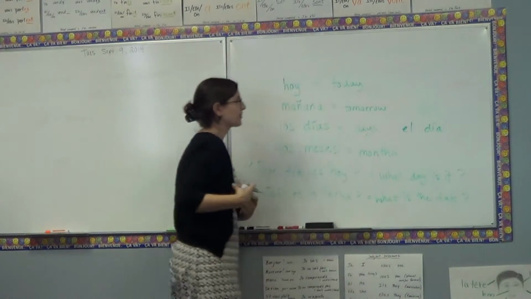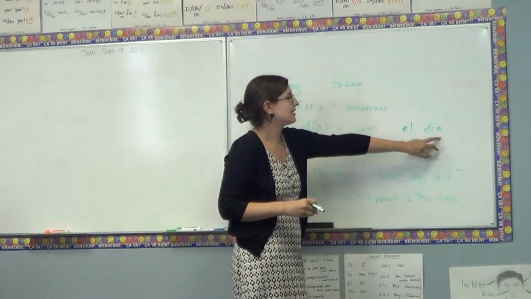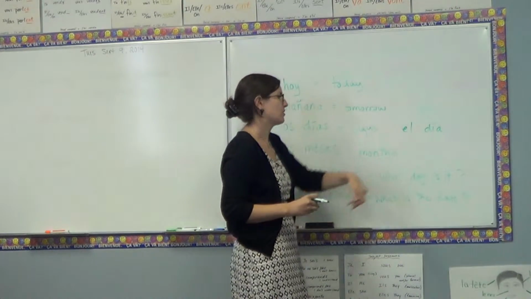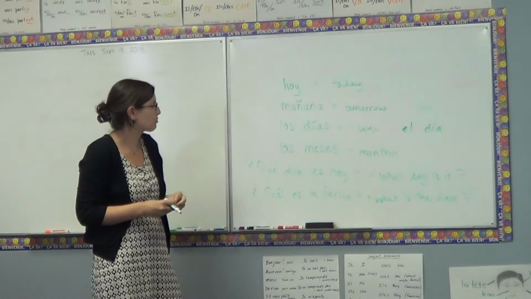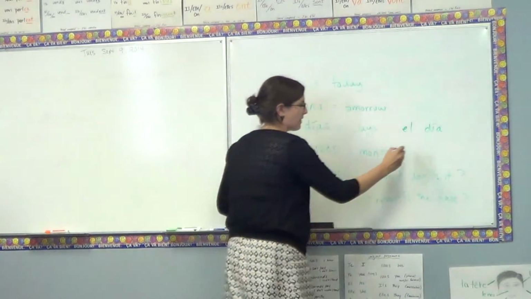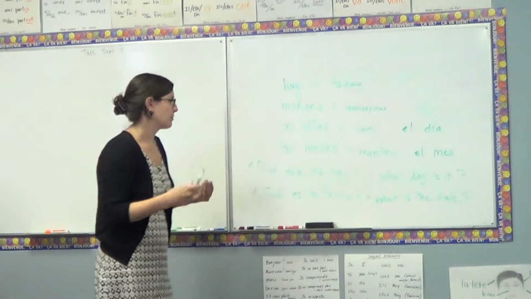By the way, you might notice that día, even though it ends in A, is an exception word. You'd think it would be feminine, but it's actually masculine. So el día and then los días for plural. Months, los meses, and then el mes would be one month or the month.